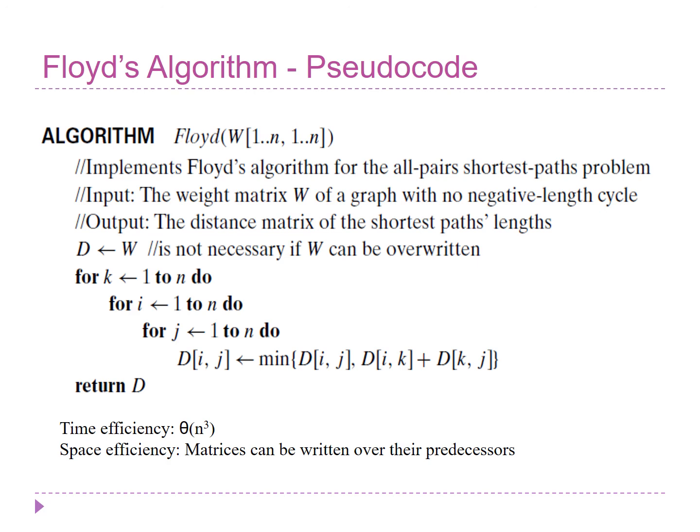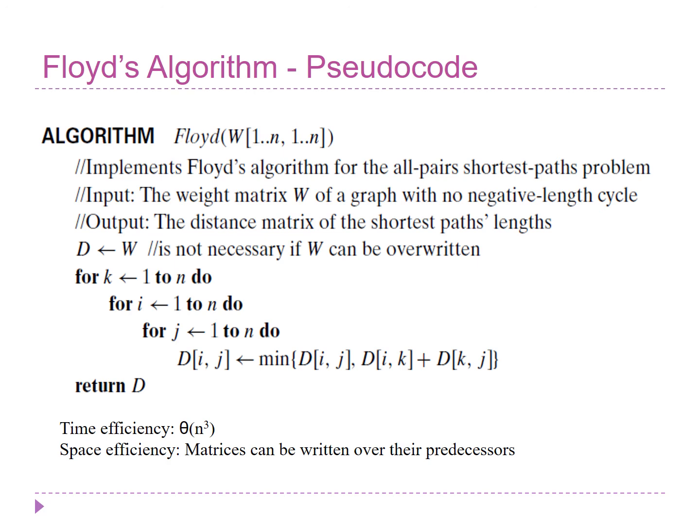The matrix D is initialized with the weight matrix W. Using nested for loop, Dij is assigned the value as minimum of D of ij or the sum of the values D of ik and D of kj.